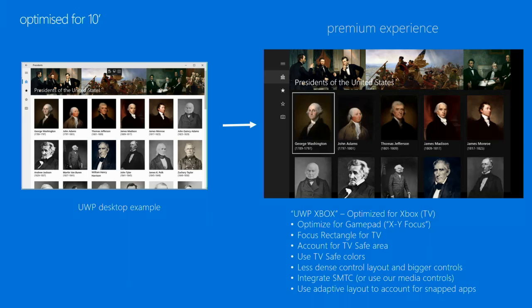And of course, using adaptive layout to account for snap taps. So snap taps are a little strange on the Xbox at the moment. You can't build snap taps, but apps can snap to you. So you kind of have to take into account that something might be snapped on your side. I imagine you'll be able to build an app that snaps at some point, but not today.